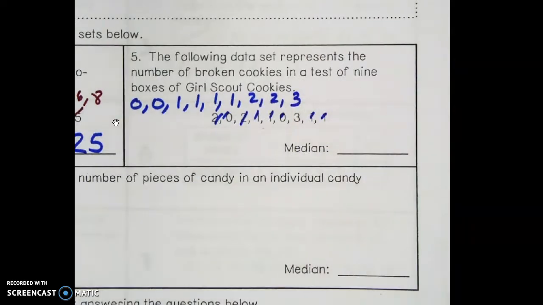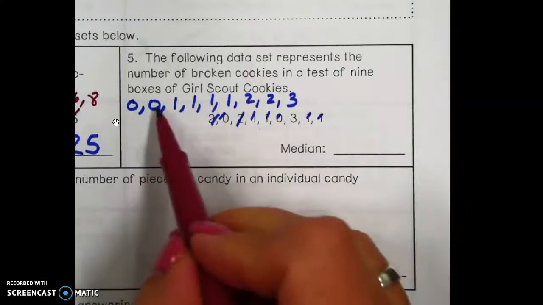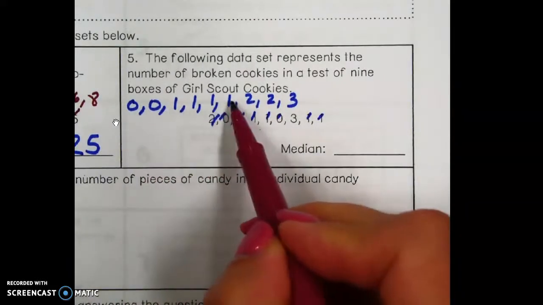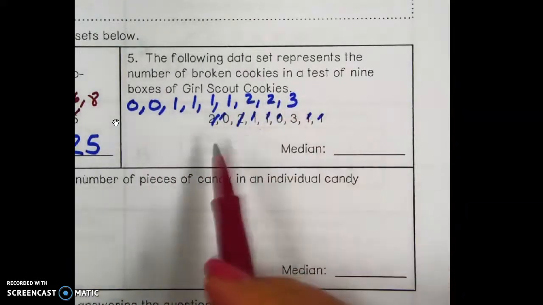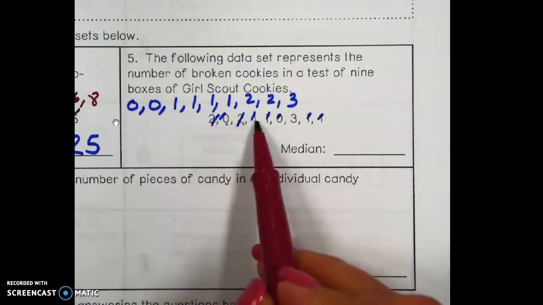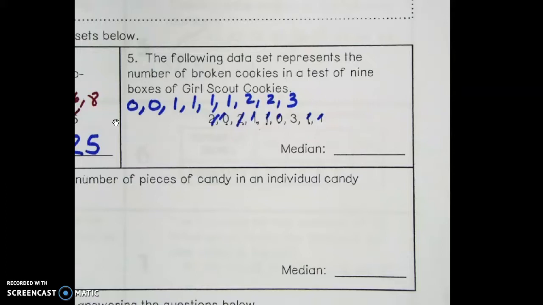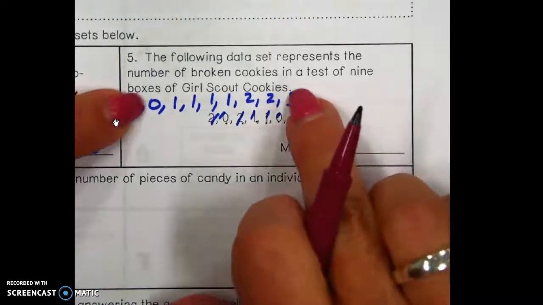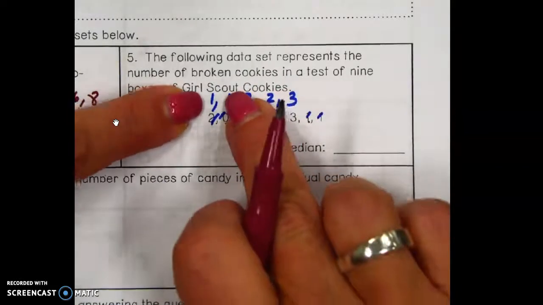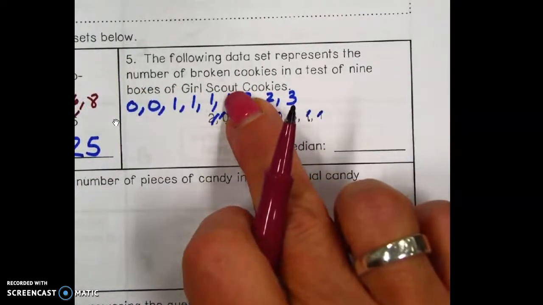Okay, so let's make sure that all my data is accurate. 1, 2, 3, 4, 5, 6, 7, 8, 9. So I have to find the number directly in the center. Well, if I don't know how to find that number, one way to do it is to count from the outside to the inside, and whatever's left over is your number in the middle.